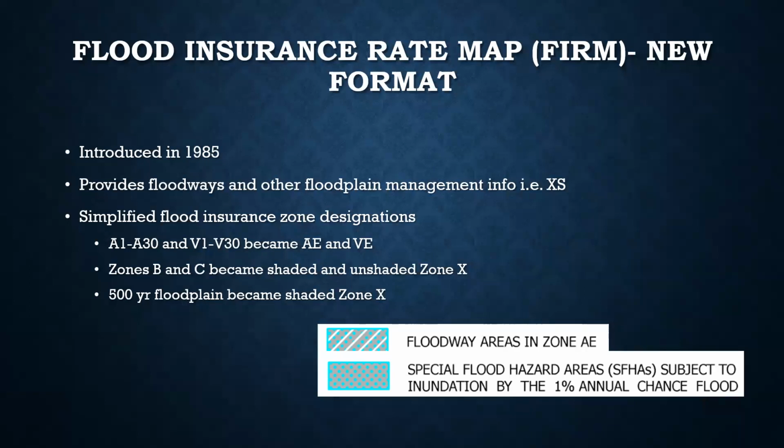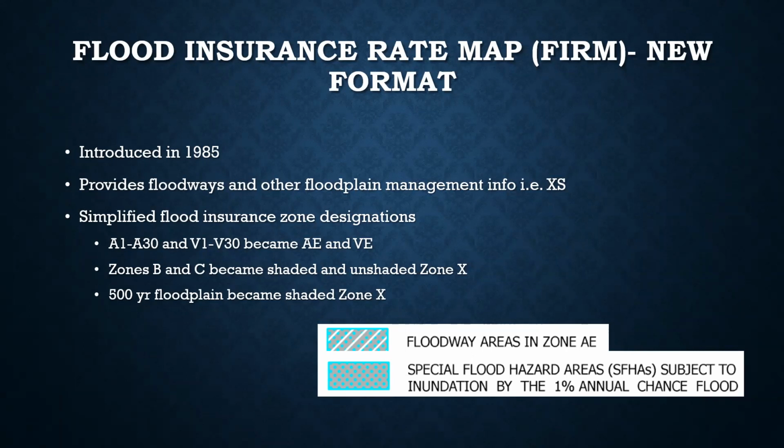It provides a lot more info, including floodways and other floodplain management info of note, cross sections, which are super useful. And then they simplified the flood zones. Anything with an A label that was numbered, so A1 through A30, went to AE. And if you're in a coastal zone, V1 to V30 went to VE.